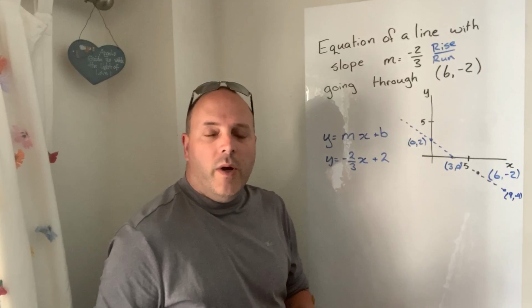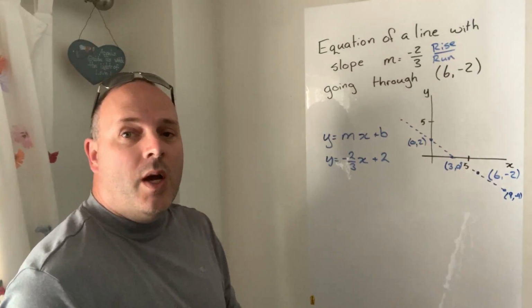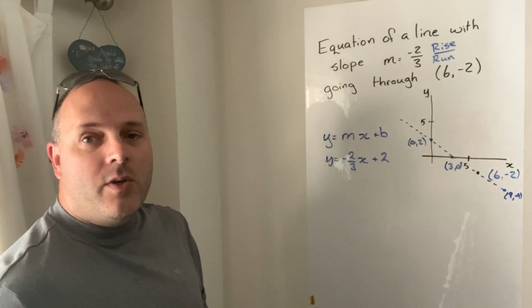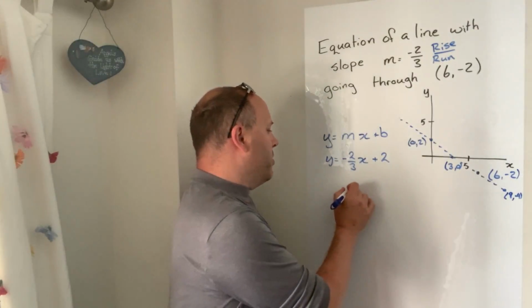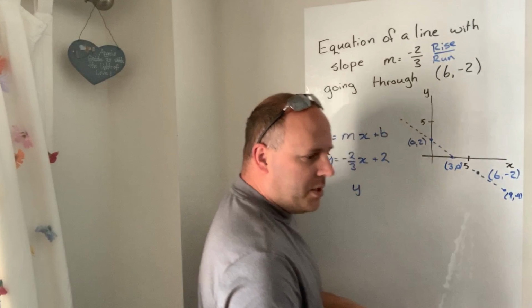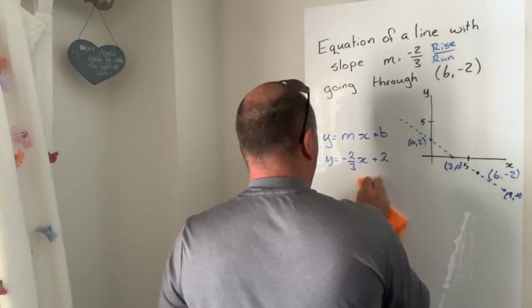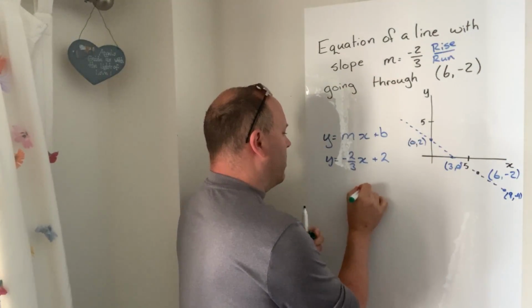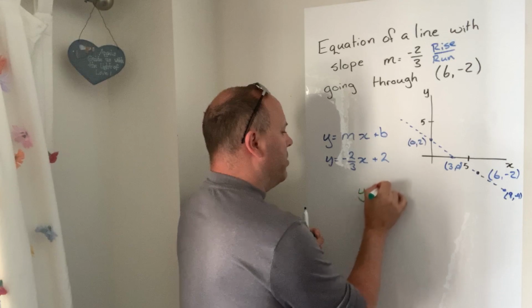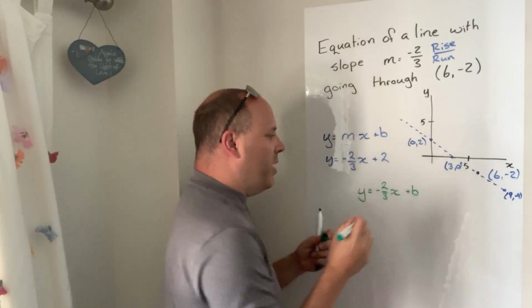Algebraically, I can make sure that the y-coordinate is 2 by doing a little bit of equation solving. I start with what I know about the equation. I'm going to write this in a different color. y is equal to -2/3 x plus b.